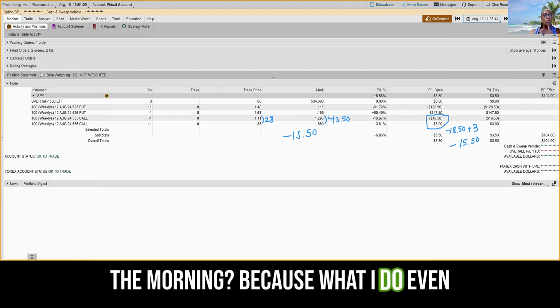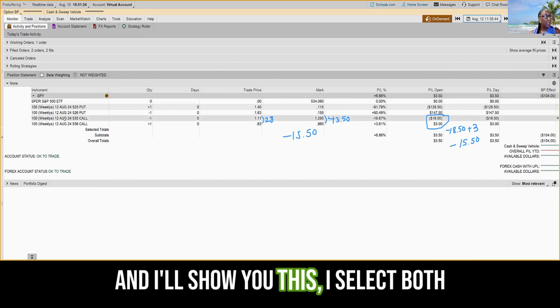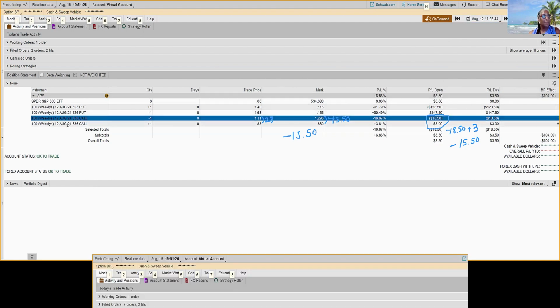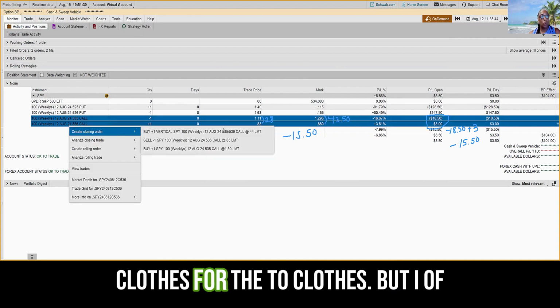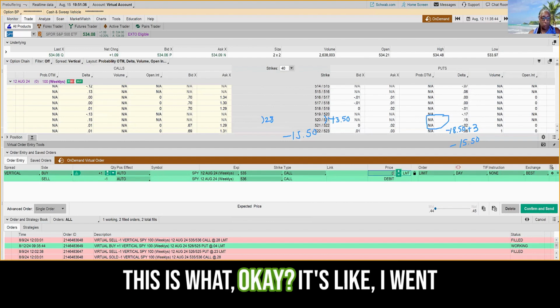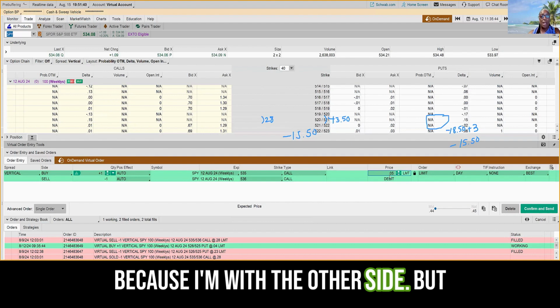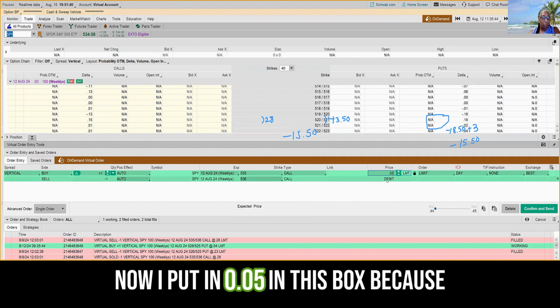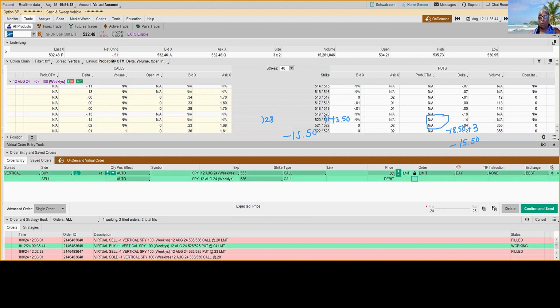Because what I do, even though I put the order in, and I'll show you this, I select both of these and I put in my close order, the close to close, but I of course put 0.05 in here. So I went through the close order steps as I would the other side, but now I put in 0.05 in this box because I'd like to close it for $5, not for $44.